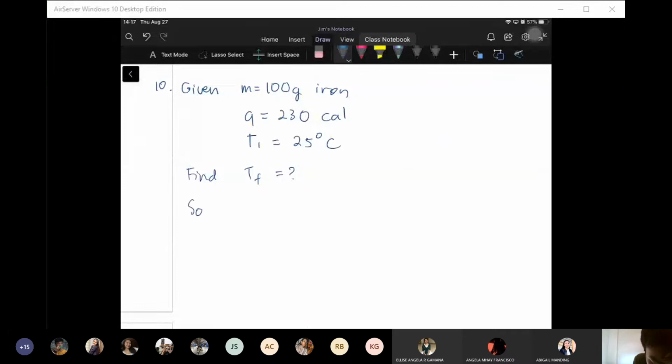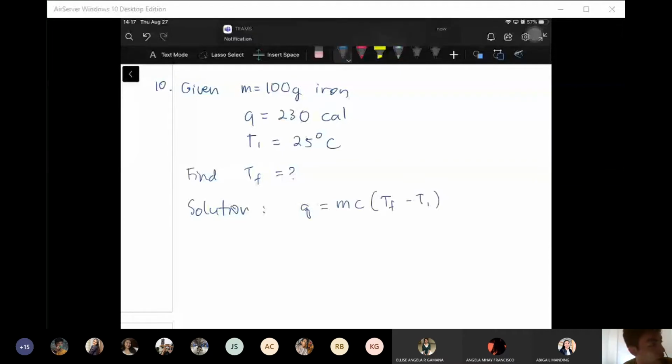So solution: Q equals MC, final minus initial. So, ano yung hinahanap? Final temperature. Given na yung calories, eh.